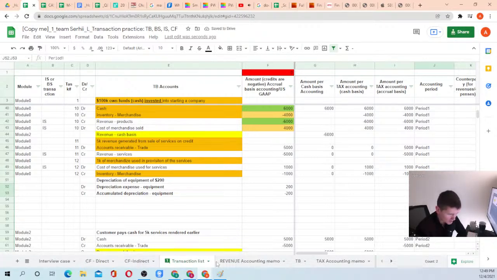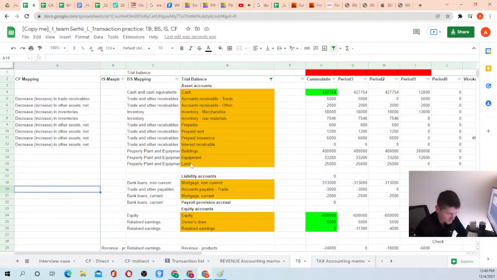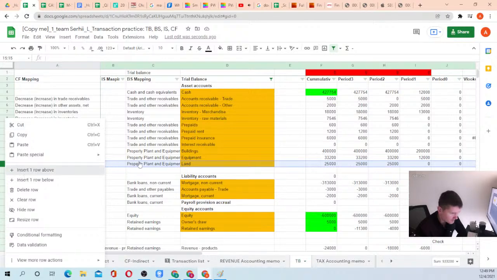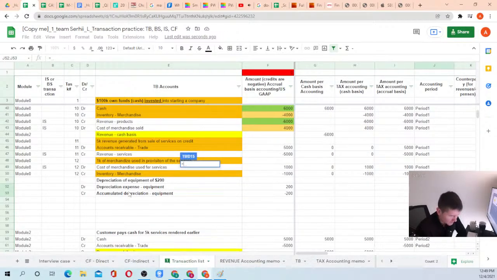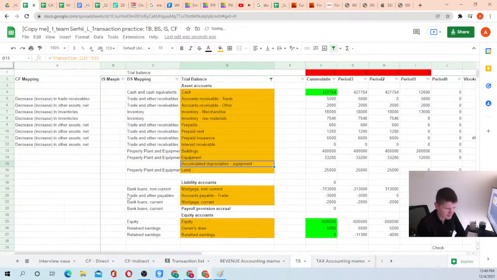Now we need to make sure that we have all of these in our trial balance. So first of all, equipment, let's add accumulated depreciation equipment account.